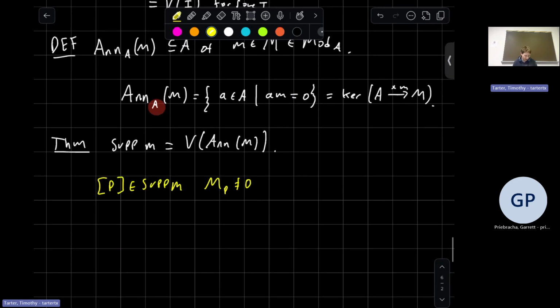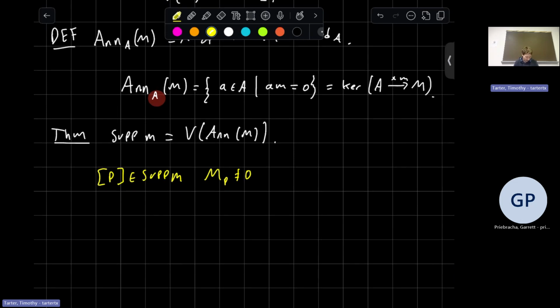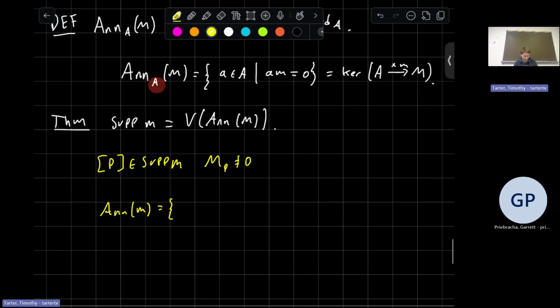But then the annihilator of M is the set of all of the things which vanish on M, right? So it's the a in A such that a M is 0.